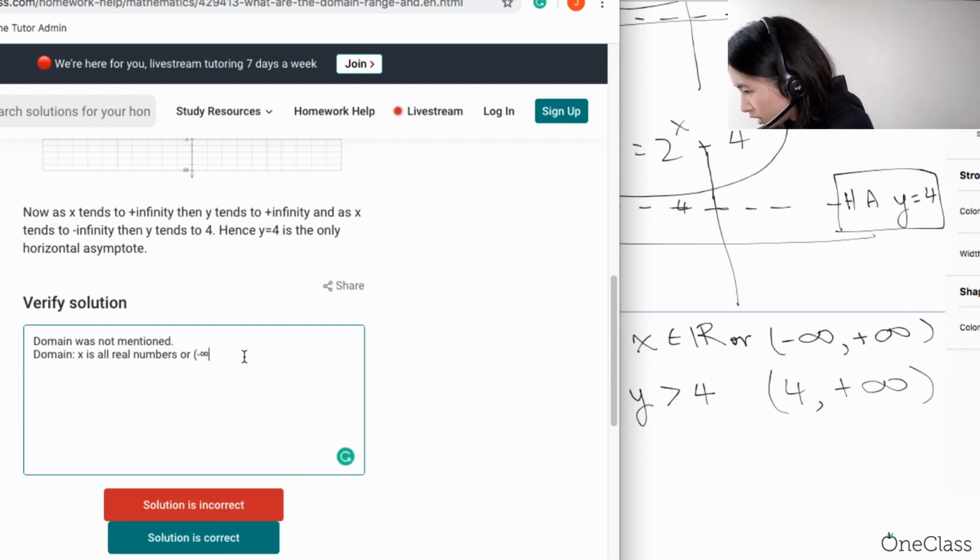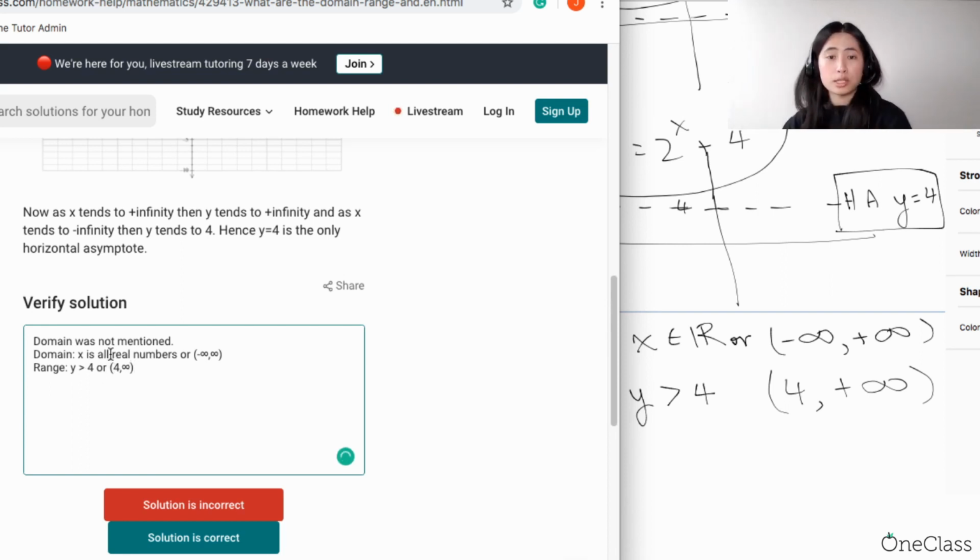So negative infinity, comma, positive infinity. And then for your range, I wanted to say y is greater than 4, or 4, comma, infinity. Just make sure that because y is not including 4, you need to have a round bracket over here, because there is a difference between a round bracket and a square bracket.